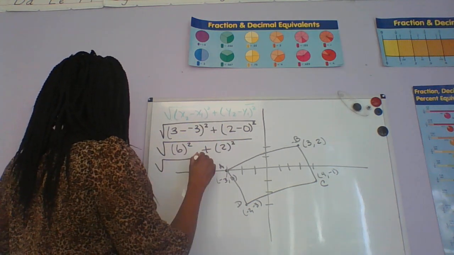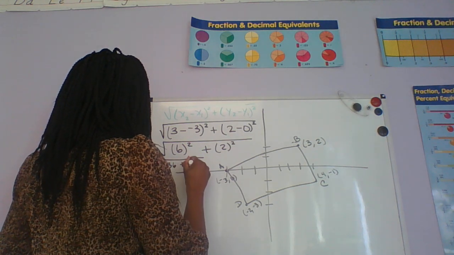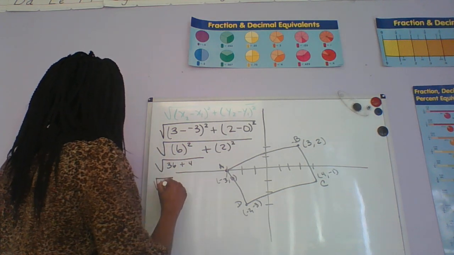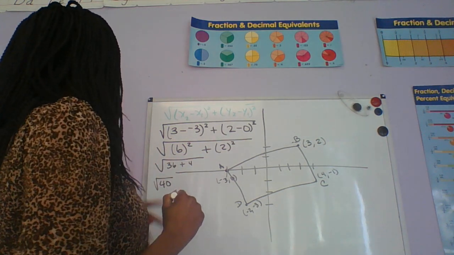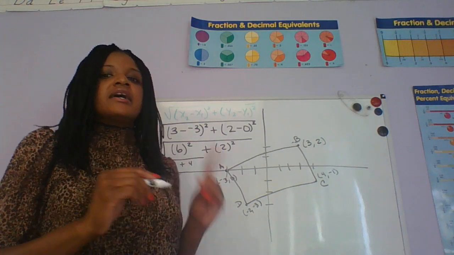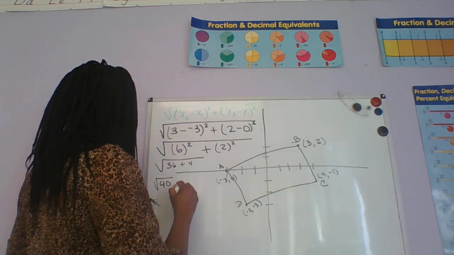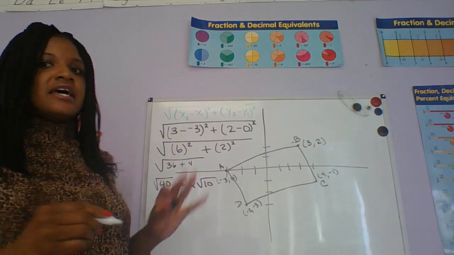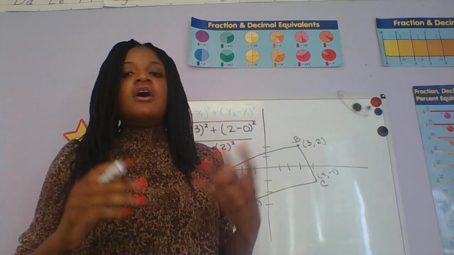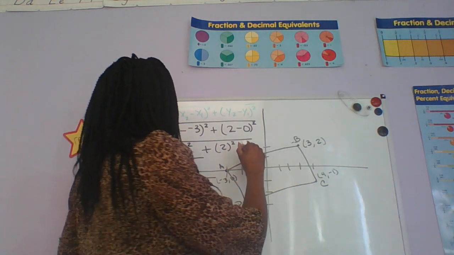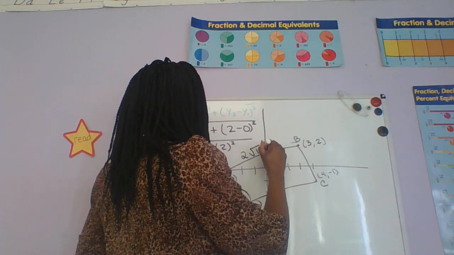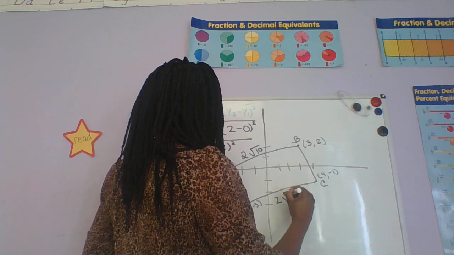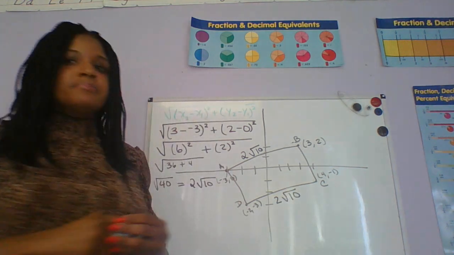So we have 36 plus 4, and that is the square root of 40. The square root of 40 can be simplified to 2 radical 10. If you're not sure how I did that, you can look at my other videos on simplifying radicals. So that's 2 radical 10. Now, because this is a rectangle, this side will also be 2 radical 10.